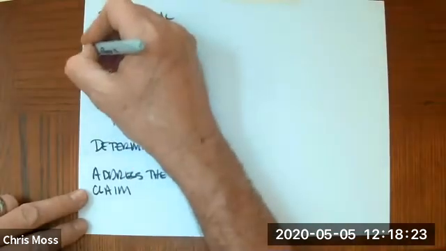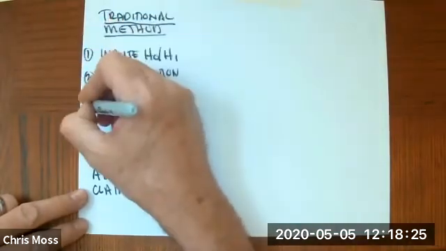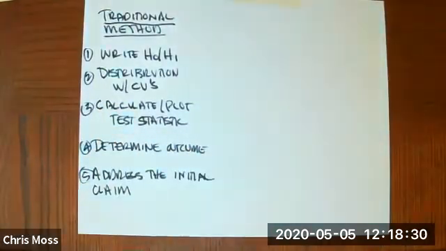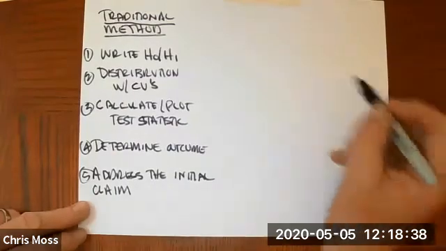So we have 1, 2, 3, 4, 5 steps to statistical nirvana if we use the traditional method or the critical value approach with the rejection regions.